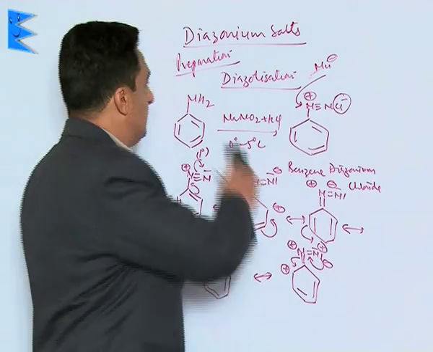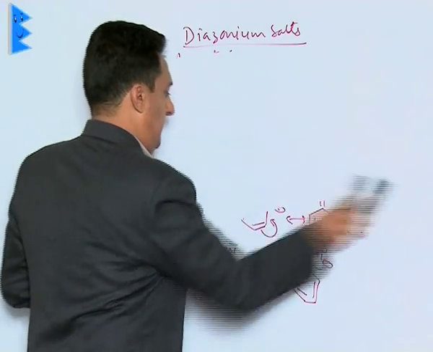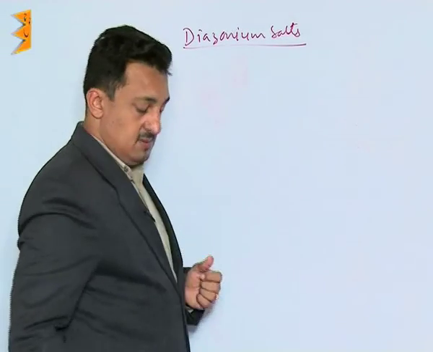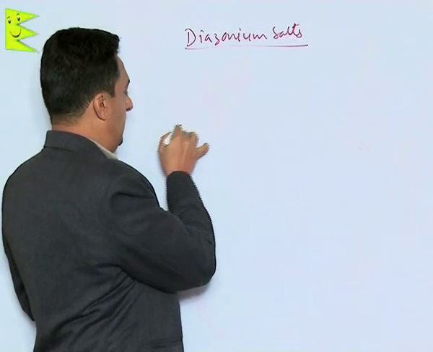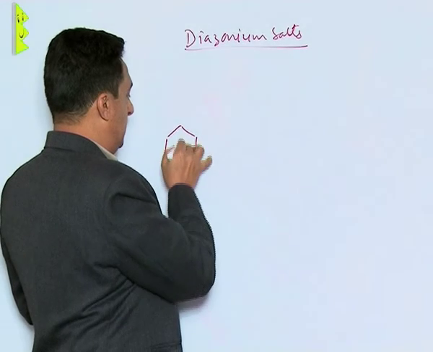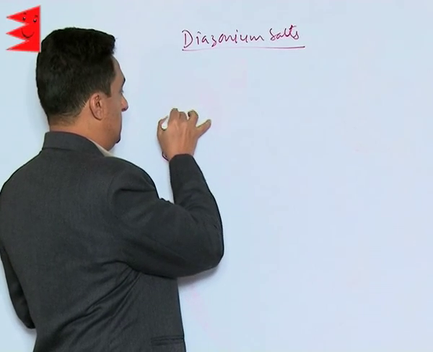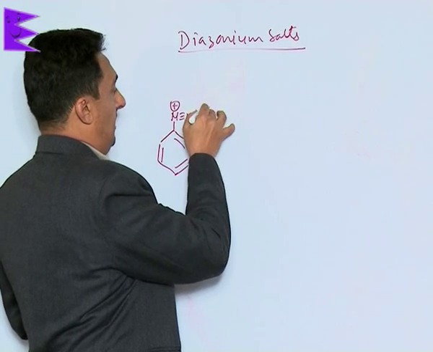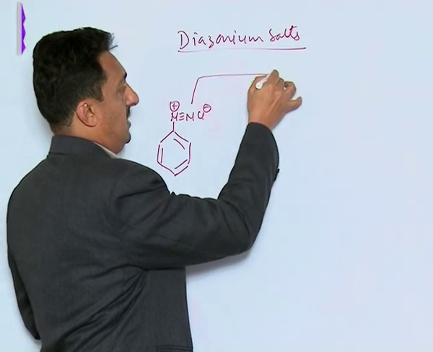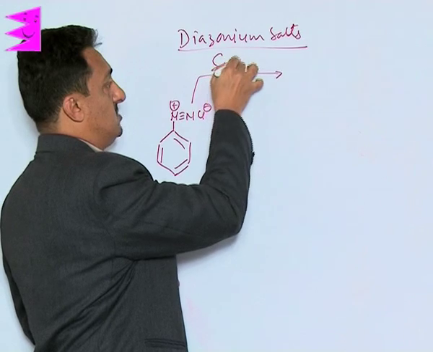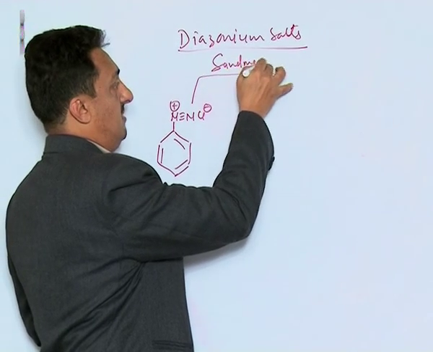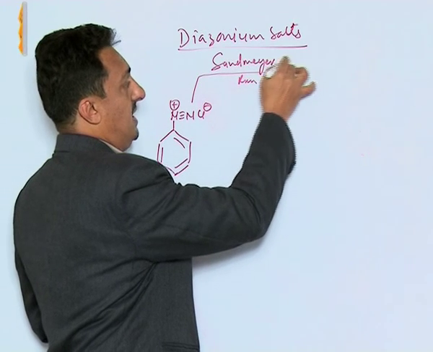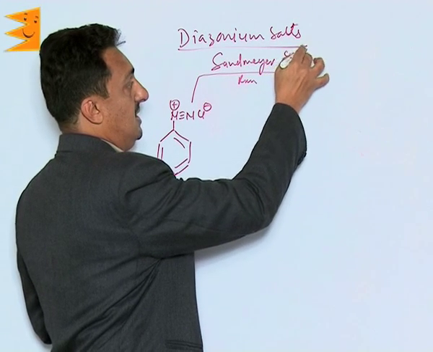Now let us see their chemical properties. Most of its reactions we have already seen. What I am doing now is putting up this diazonium on one side, and I am going to write down its reactions one by one. One most important reaction is Sandmeyer's reaction, in which we react this with CuCl and HCl.